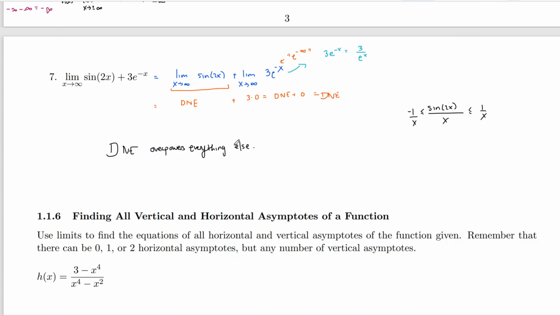But when you add or subtract to D and E, it's not going to change it. You can get it to change by multiplication or division, and this is one of those examples. But once again, that's really high level. What we're trying to get at in this course is just the basics. How do you do limits? What are you looking for?